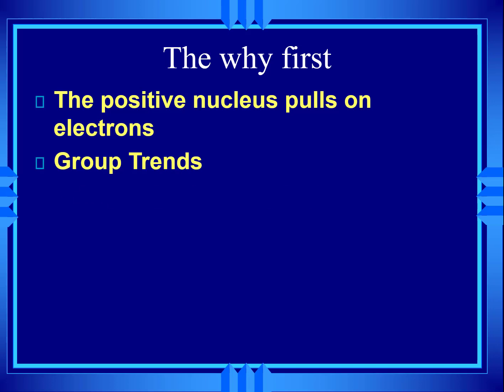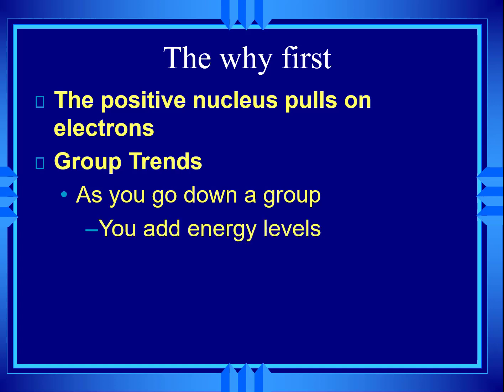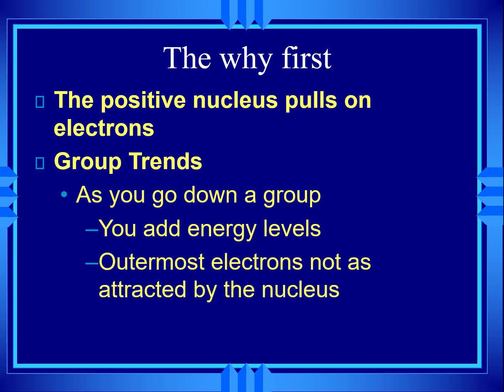So every time you go down a group, you add an energy level. You add a layer of electrons. And adding that layer makes those new electrons less attracted.